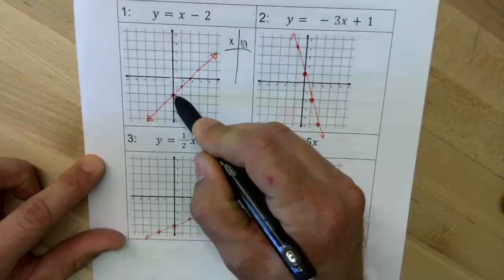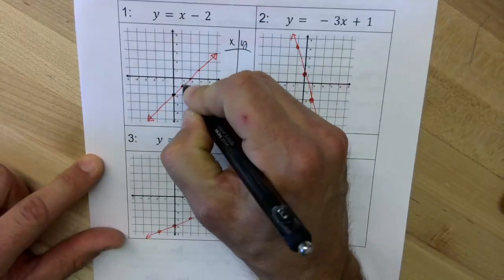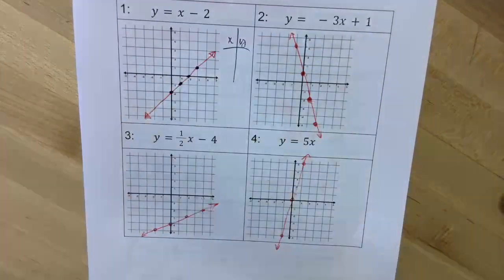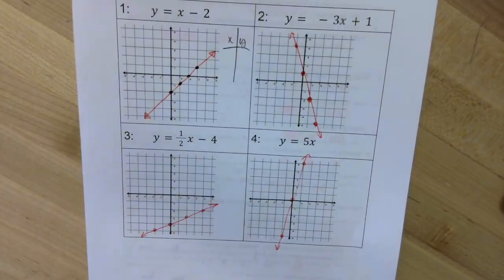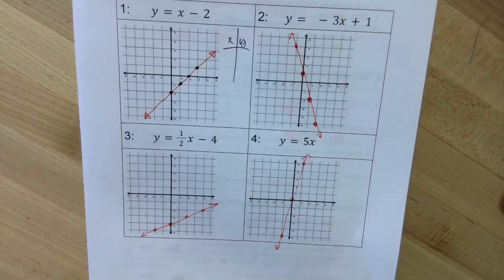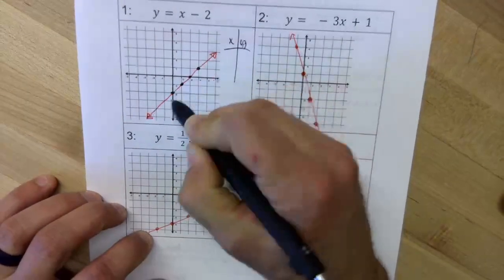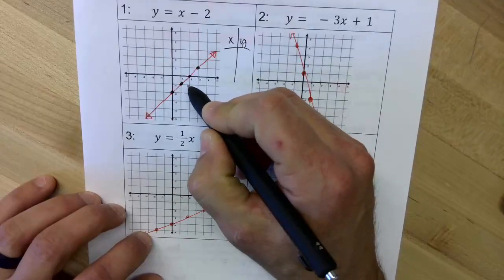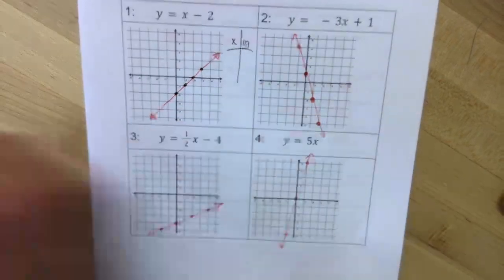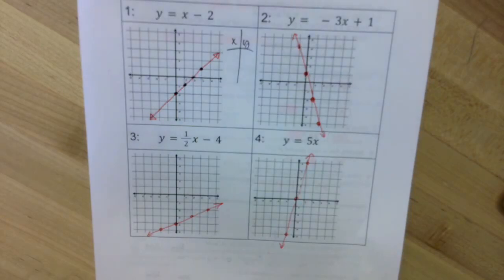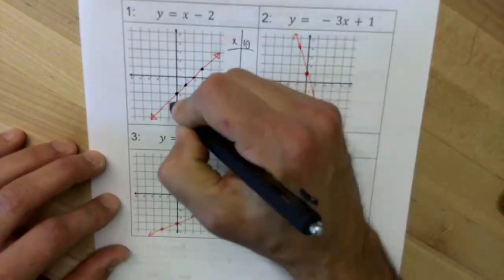Now you can look clearly and see that I have points on my graph. If you don't have at least 2 points, I'm not going to give you full credit on Thursday. Okay? You've got to have points labeled. They don't have to be the same ones as mine, but your graph would have to go through those.